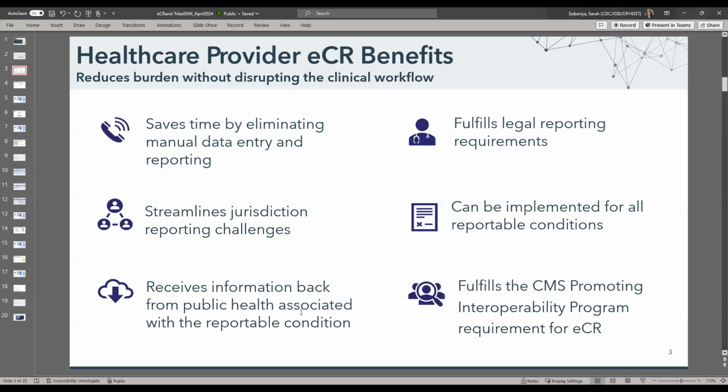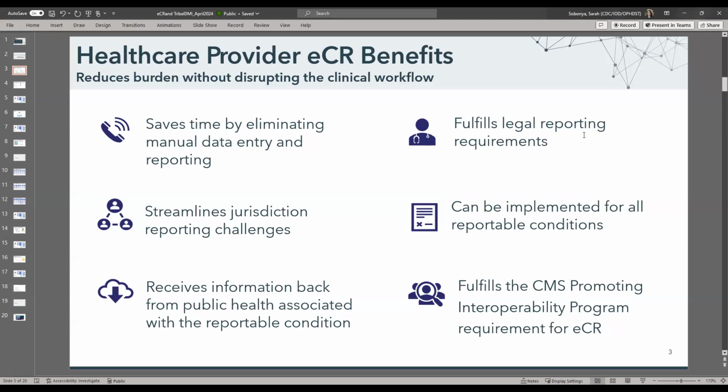So when the public health department is entering their criteria for the reportable conditions, they can include, say, a website for more information about current outbreaks of a condition, check out this website where they'll share more information, or testing sites or treatment recommendations, whatever they want.